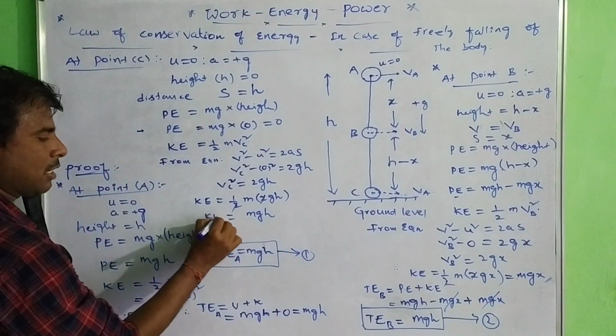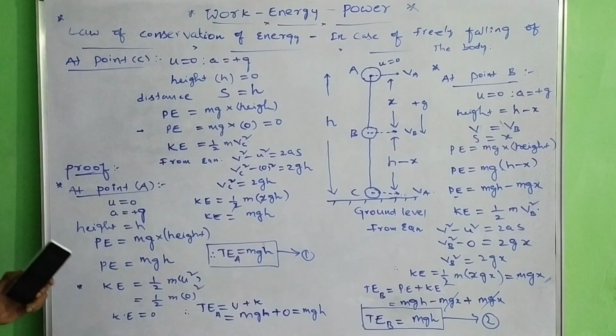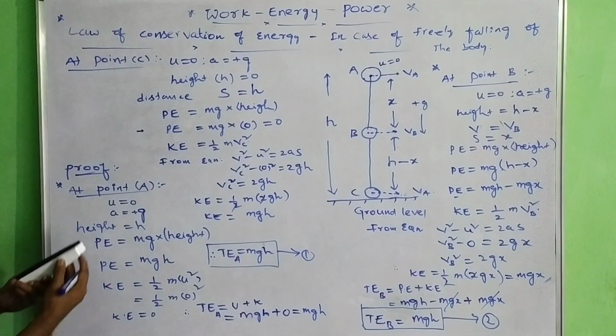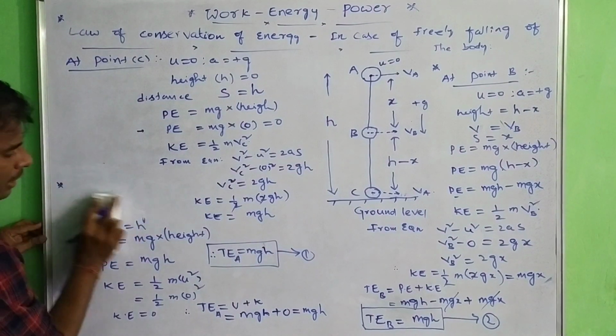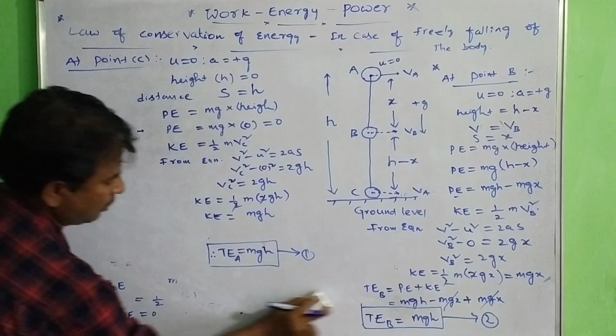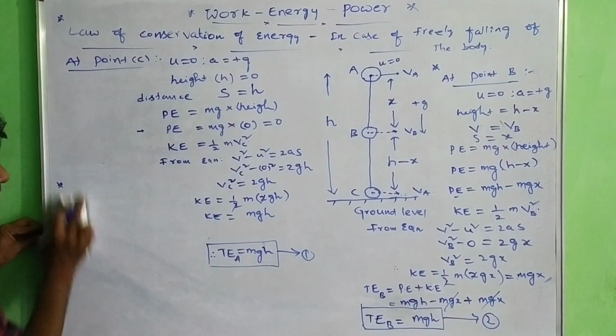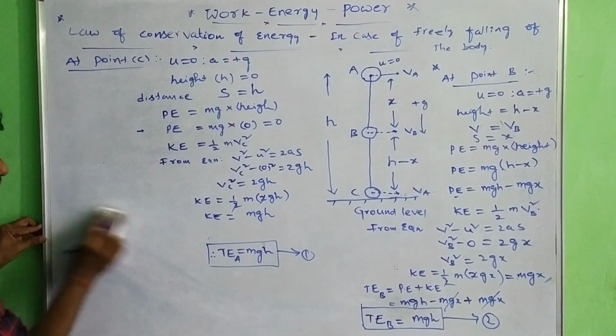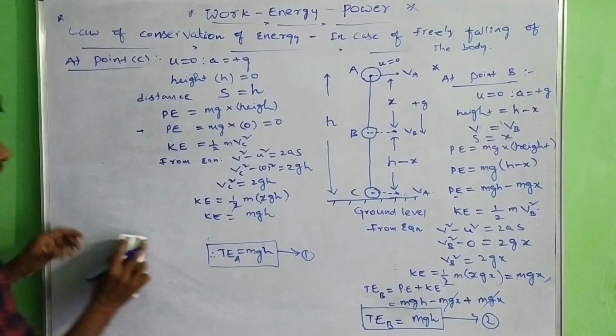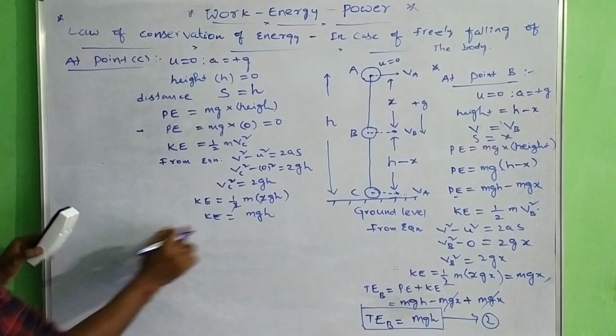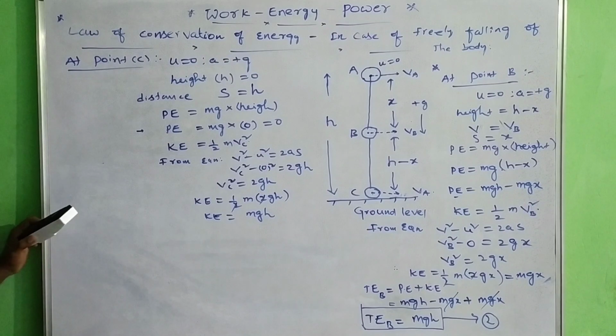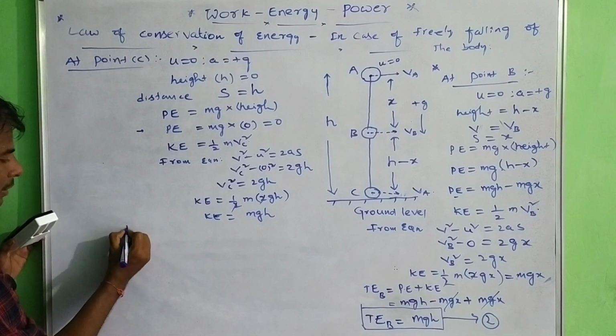So the kinetic energy at point C is mgh.